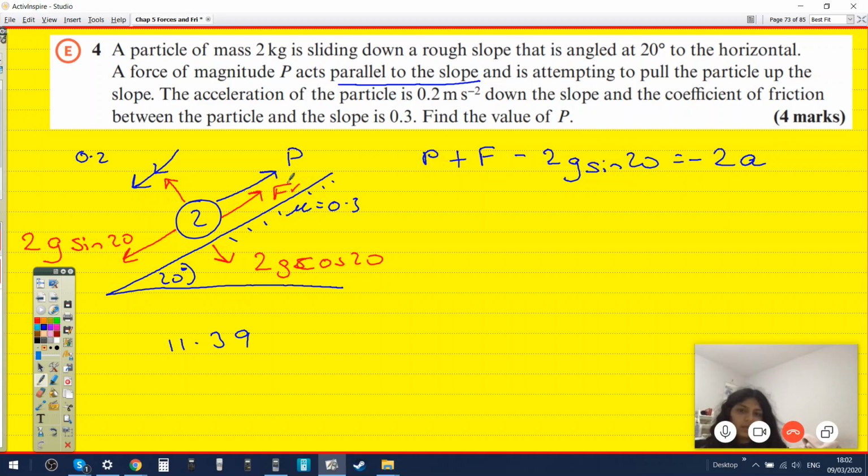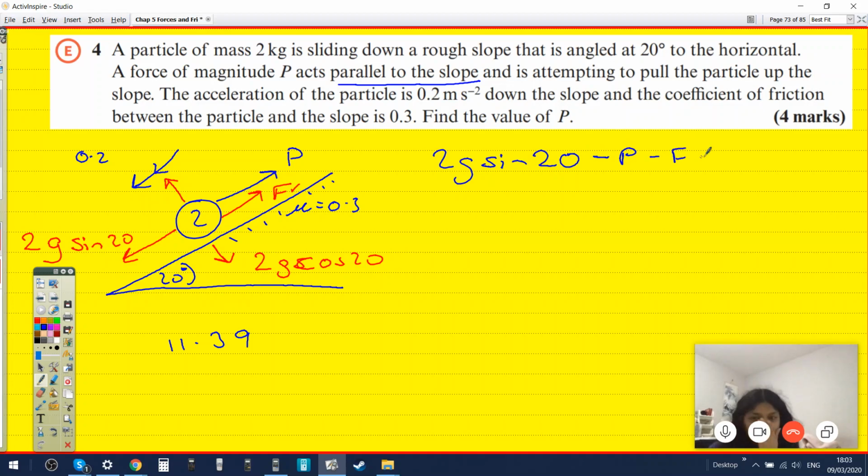You know what a is, and why would it be minus 2? Because if these two are plus, or I could just flip the whole thing around. Yeah, I did 2g sine 20 minus f minus p, but I still got it wrong. So 2g sine 20 minus p minus f equals... I think I might have calculated f wrong, but I'm not sure how because I got r right. So a is 0.2, so 2 times 0.2.